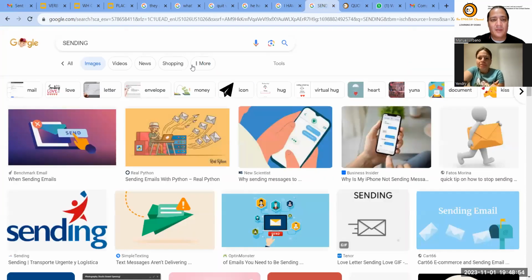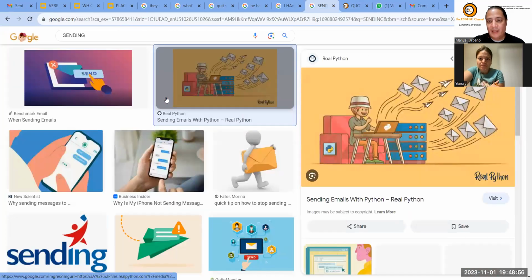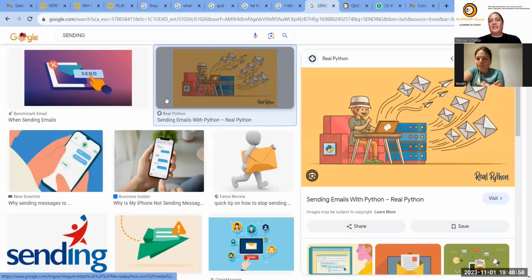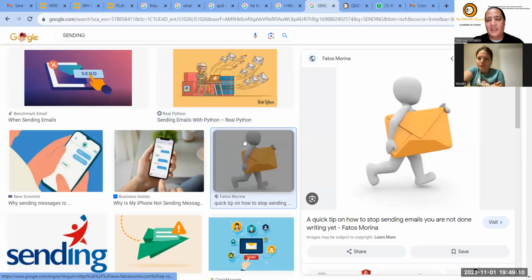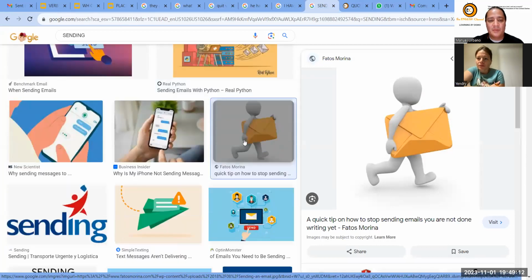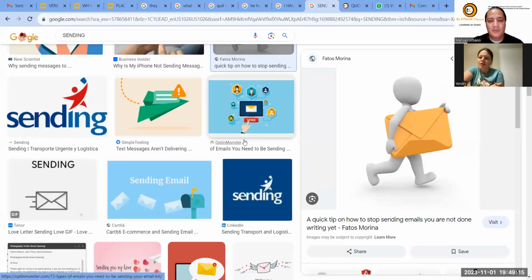Now let's take a look at some images. Please repeat. He is sending emails to everybody. He's sending emails to everybody. Very good. He is sending a big envelope.